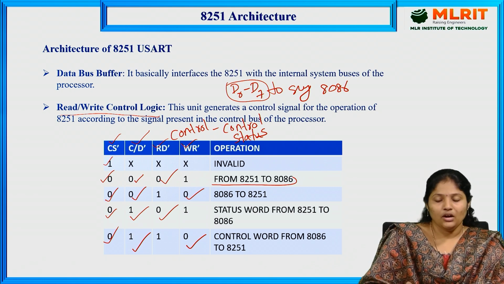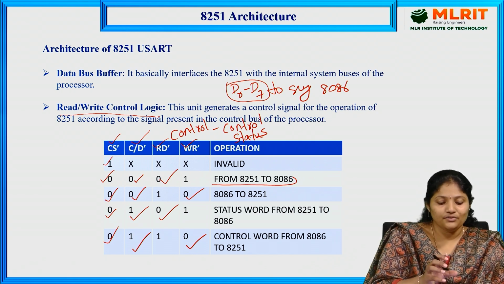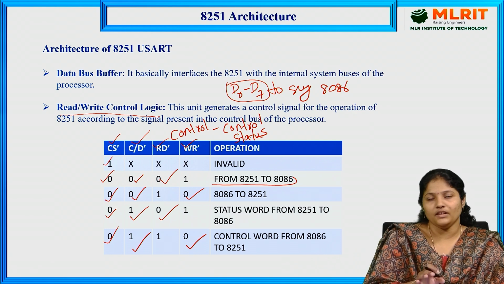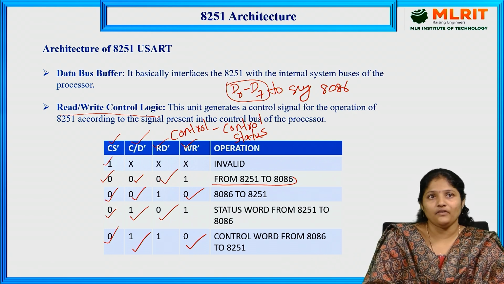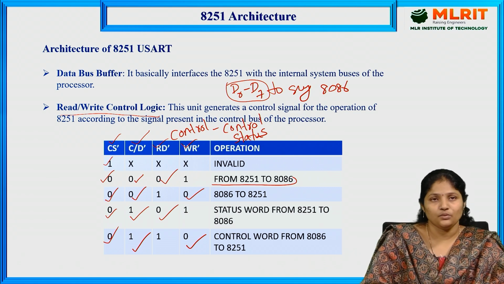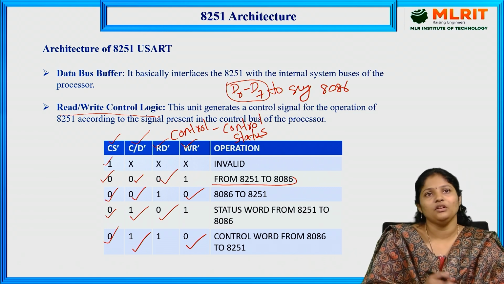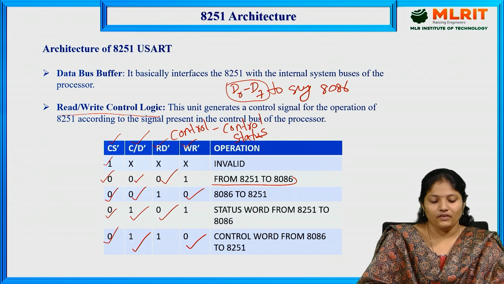So the read or write control logic always decides whether the data is moving from 8086 to 8251, or the control and status words are moving from or to 8086 and 8251 USART.